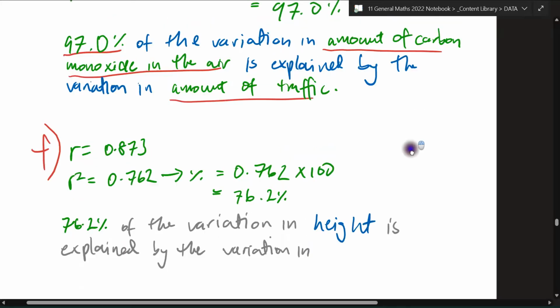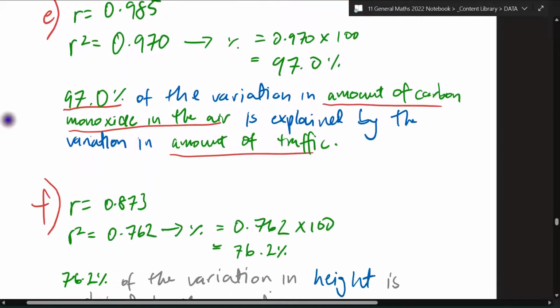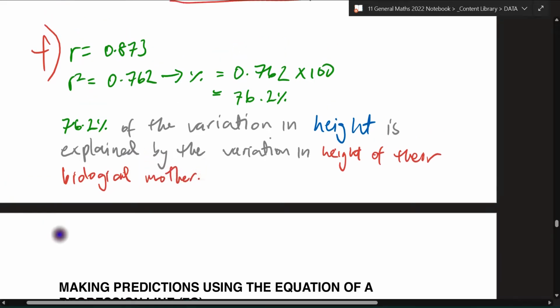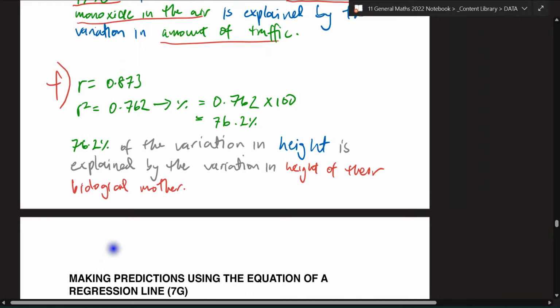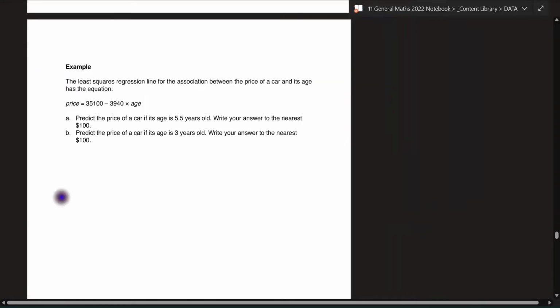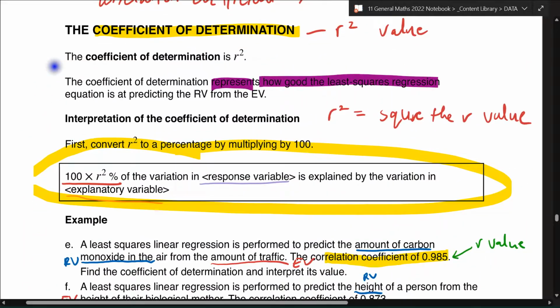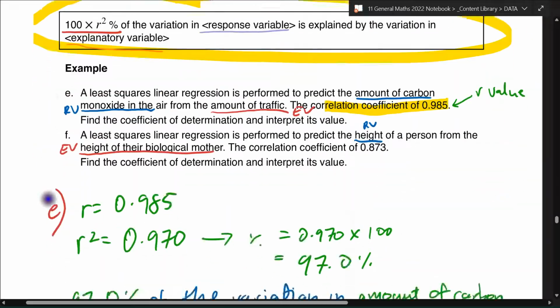My EV was height of their biological mother. So that's basically how you interpret that R squared value. It's pretty straightforward. Just use that sentence that I've highlighted here and change those variables. You're changing the R squared as a percentage, then the RV, and then the EV. Those are the three things you change.